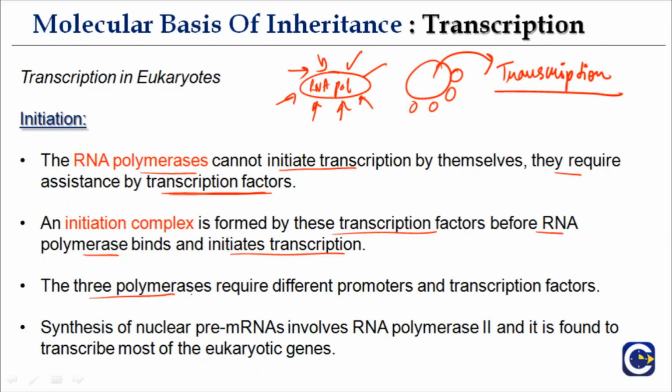The 3 polymerases require different promoters and transcription factors. Synthesis of nuclear pre-mRNA involves RNA polymerase 2, which transcribes most of the eukaryotic genes. So you have to remember this, that RNA polymerase 2 causes the synthesis of nuclear pre-mRNA.